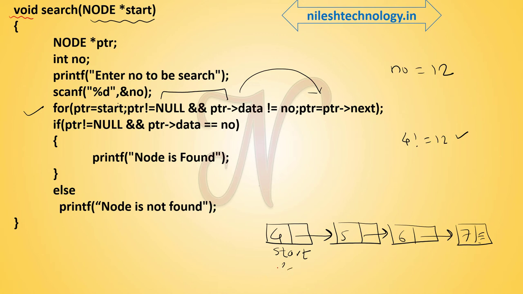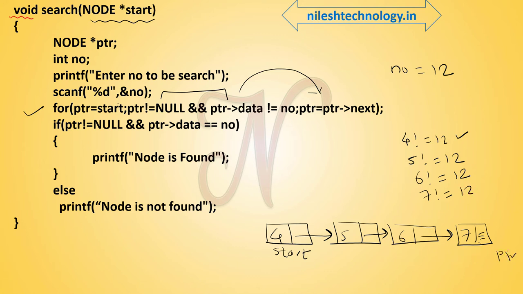So ptr is going to next. Here again ptr is not equal to null and the data is not equal to number, true, going to next. Again ptr is not equal to null and 6 is not equal to 12, true, going to next. Again ptr is not equal to null and 7 is not equal to 12, true, it is going to next.